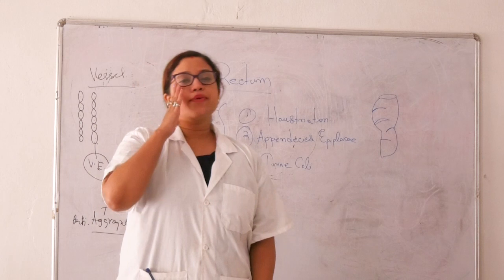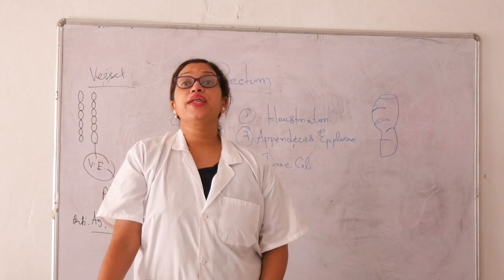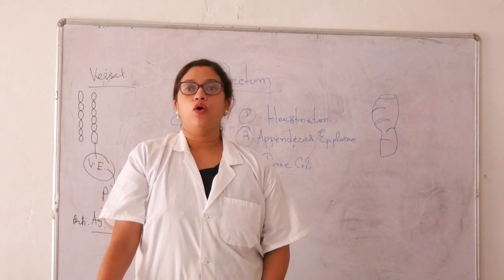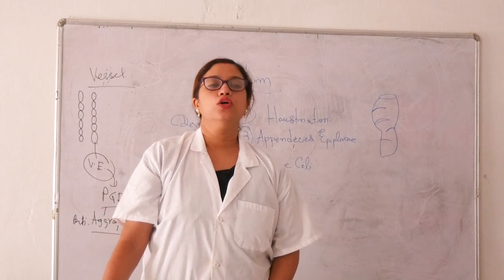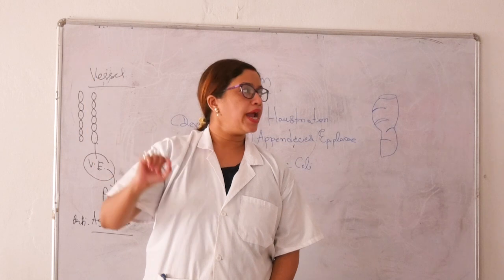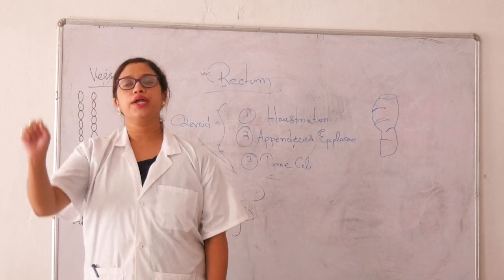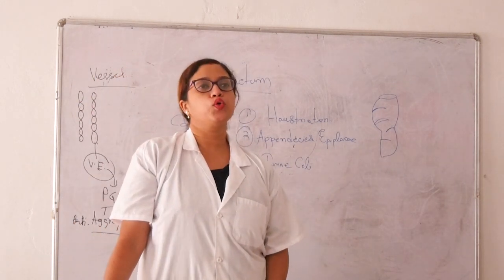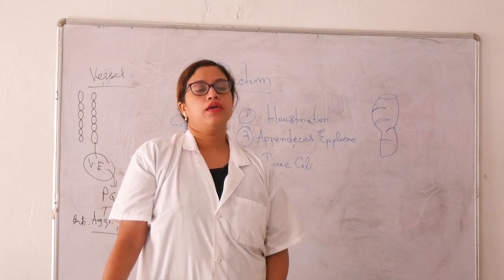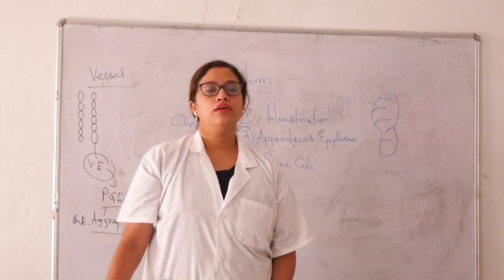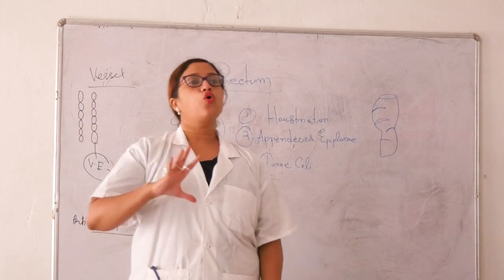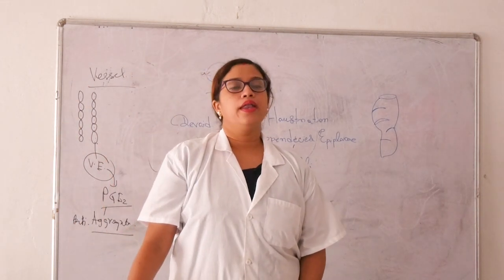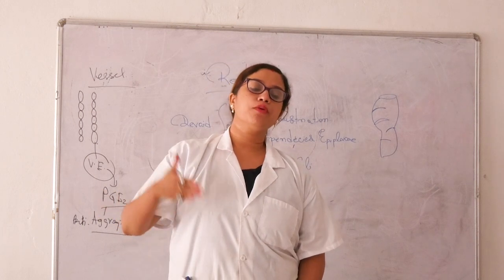So always remember, rectum is a retroperitoneal organ. So from posterior to anterior, make one arrow. From posterior to anterior, it is related to so many structures. Number one, tell me the bony relation on the posterior side.